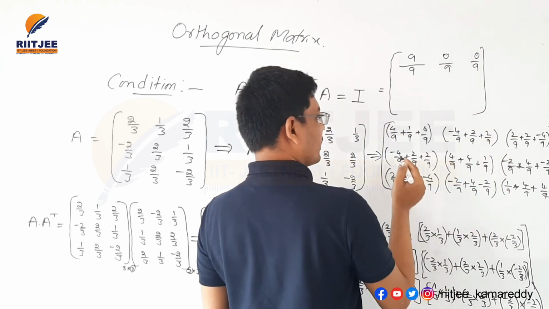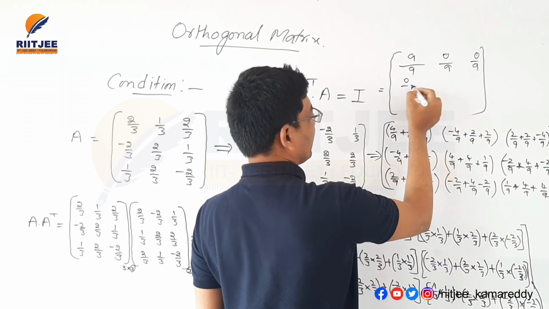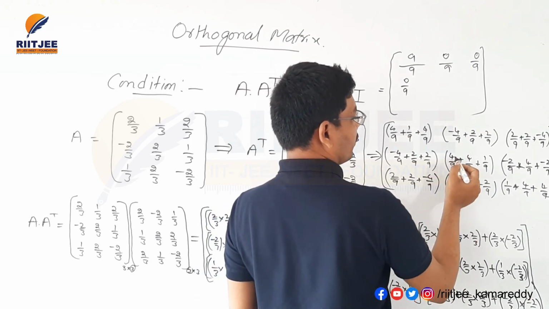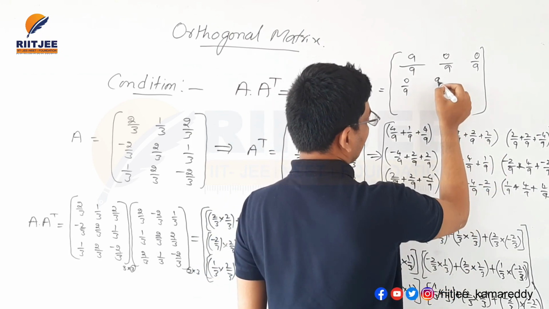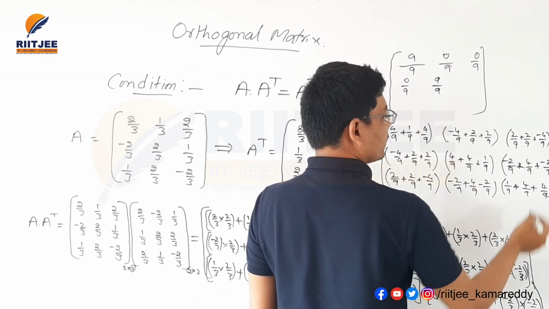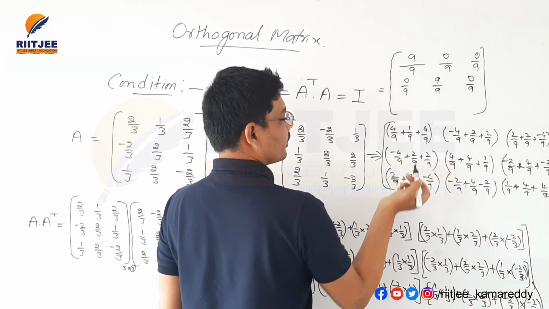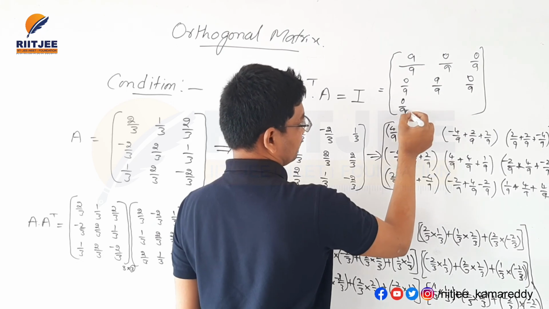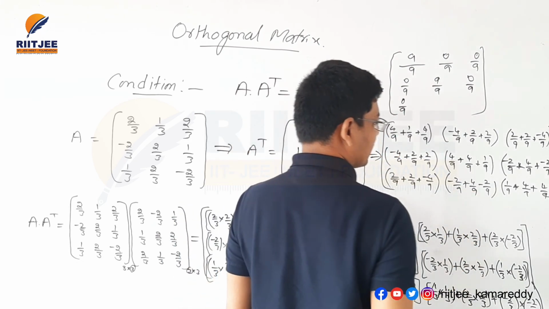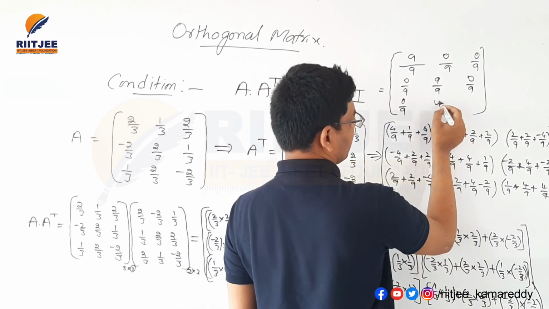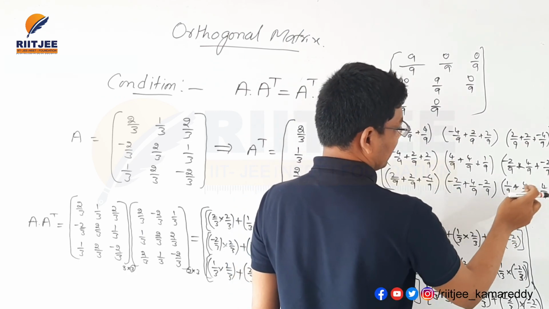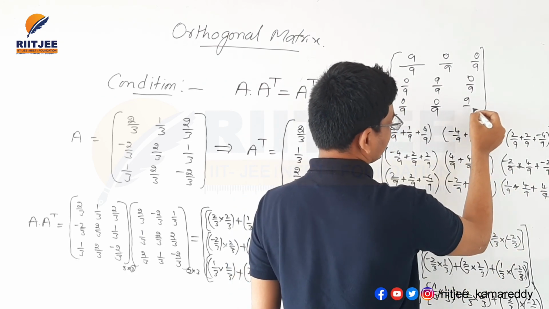Next, minus 4 plus 4, 0 by 9, and 4 plus 4 plus 1, 9 by 9, and here plus 4 minus 4, 0 by 9. Here also plus 4 minus 4, 0 by 9, and here also plus 4 minus 4, 0 by 9, and here 1 plus 4 plus 4, 9 by 9.